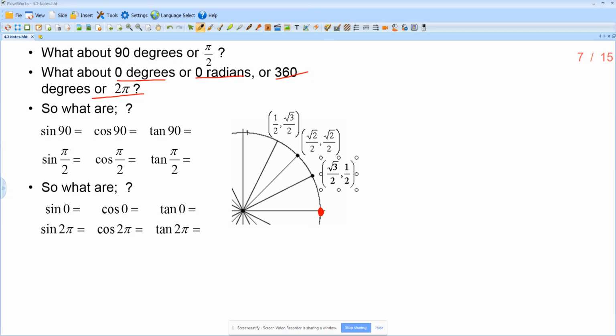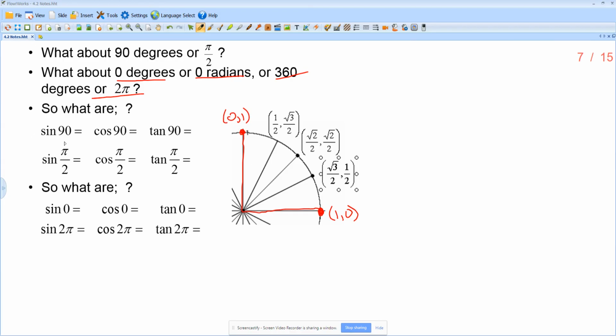So what I want to do is figure out the sine, cosine, tangent of these. Something to keep in mind is that this is a unit circle, which means the radius here is 1 unit, which would make this coordinate 1, 0. This coordinate here, since this is a unit circle, I'm going up 1, so this is 0, 1.